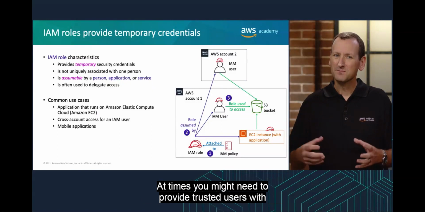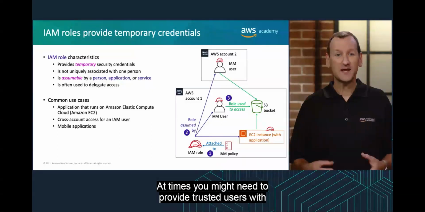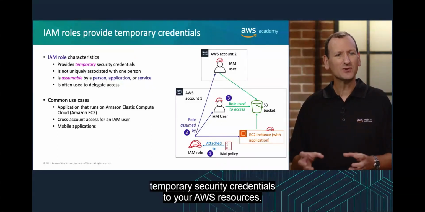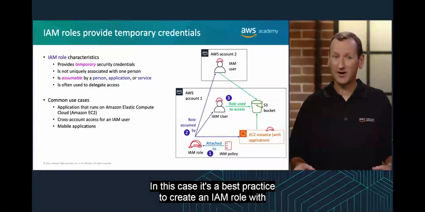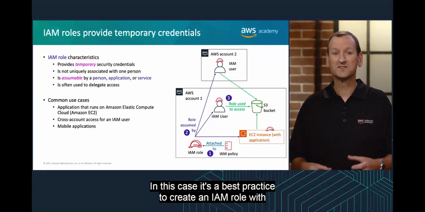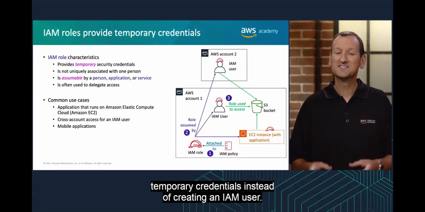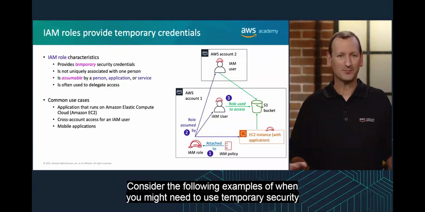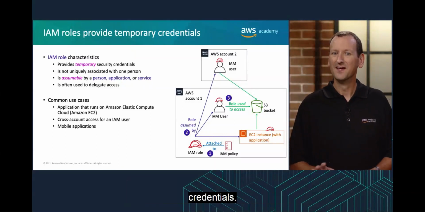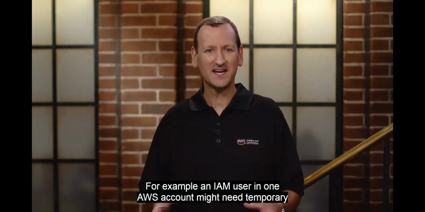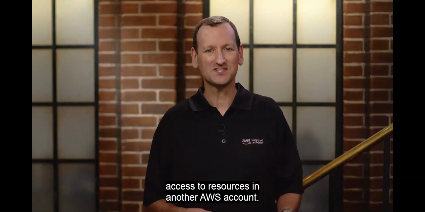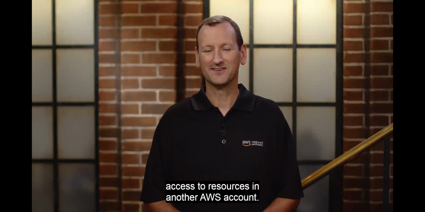At times, you might need to provide trusted users with temporary security credentials to your AWS resources. In this case, it's a best practice to create an IAM role with temporary credentials instead of creating an IAM user. Consider the following examples of when you might need to use temporary security credentials. For example, an IAM user in one AWS account might need temporary access to resources in another AWS account.